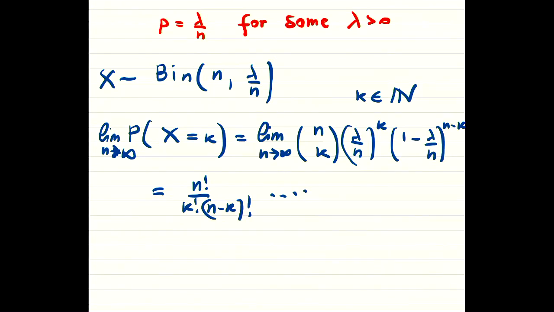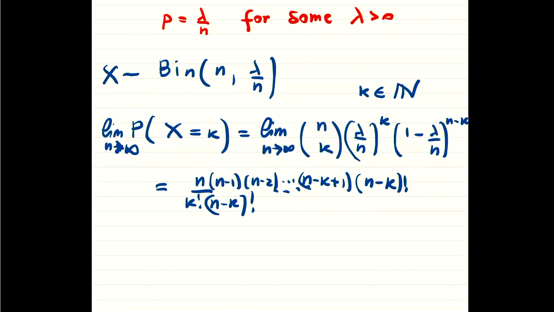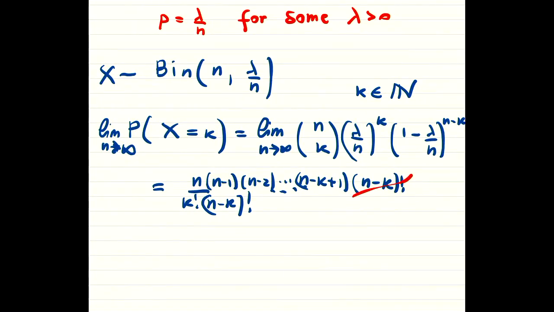This can be written as n times n minus 1 times n minus 2, because it's a factorial, right? So I reach n minus k plus 1, and then I become suddenly lazy, and I write this as n minus k factorial. We good? I'm just looking at the coefficient. Then I'm happy because I can simplify this with this.